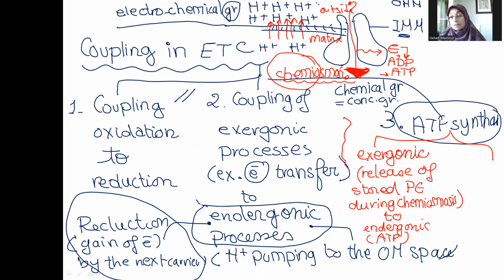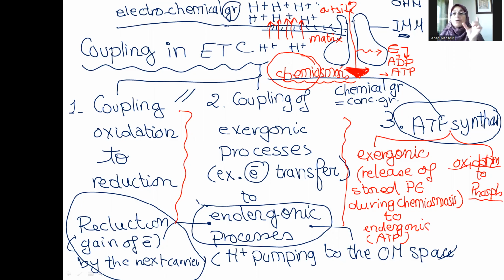Is that the only type of coupling done by the ATP synthase? No, there is another type of coupling, and it is the coupling of oxidation to phosphorylation. Actually, the coupling of oxidation to phosphorylation is not a function of ATP synthase alone, but it occurs along the whole length of the electron transport chain. But why do we say this here?